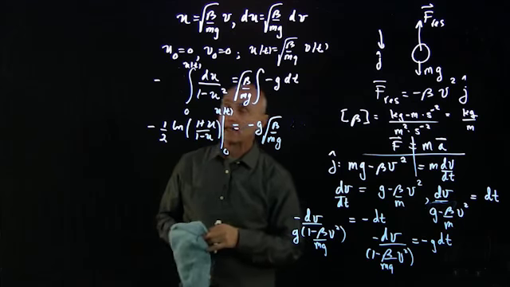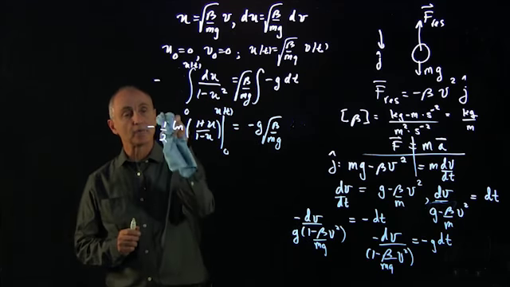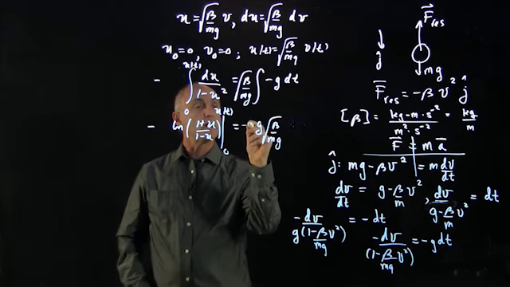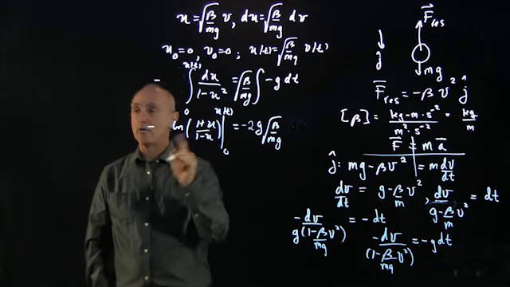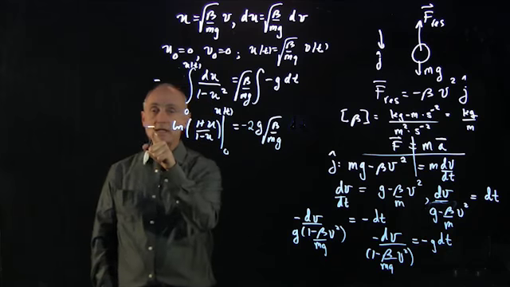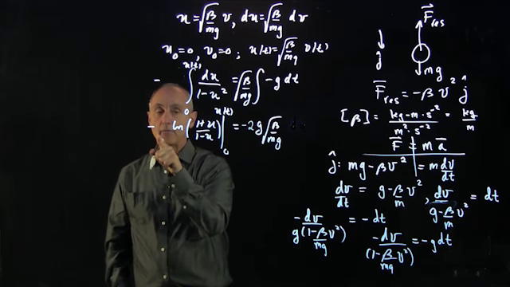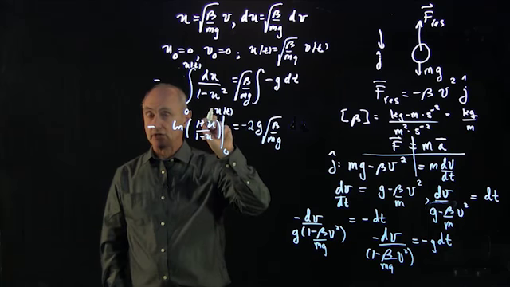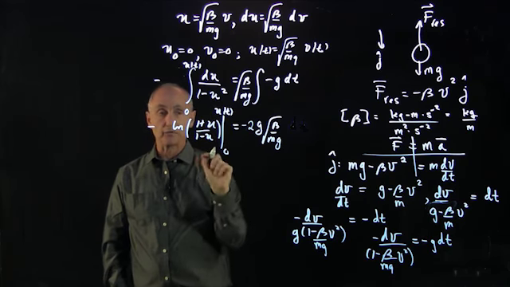Now, once again, for a little bit of simplicity, I'm going to bring the 2 over to the other side. And now I evaluate my limits. Recall that when you have a minus log, we're flipping, because log of b over a equals minus log of a over b.